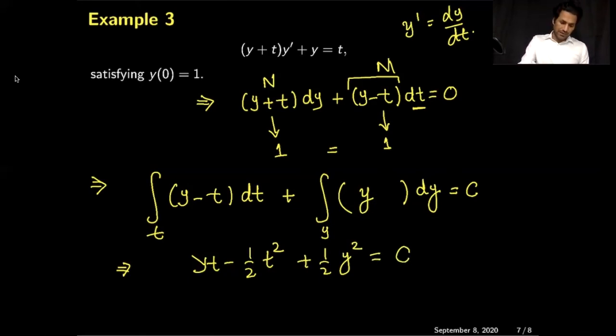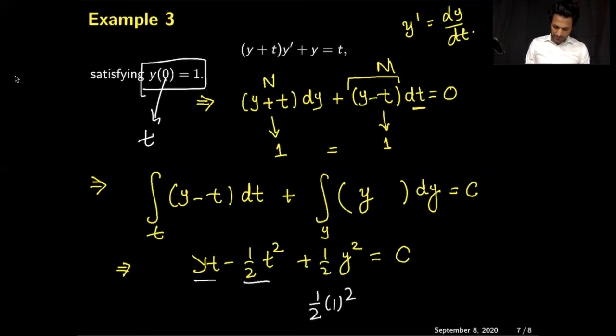Now we have to find a special solution which satisfies this condition. That means when t is 0, y is 1. So let's plug that in. When t is 0, this term is 0, this term is 0, but y is 1. So it's going to be 1/2 times 1 squared is equal to c. That gives me c is equal to 1/2.